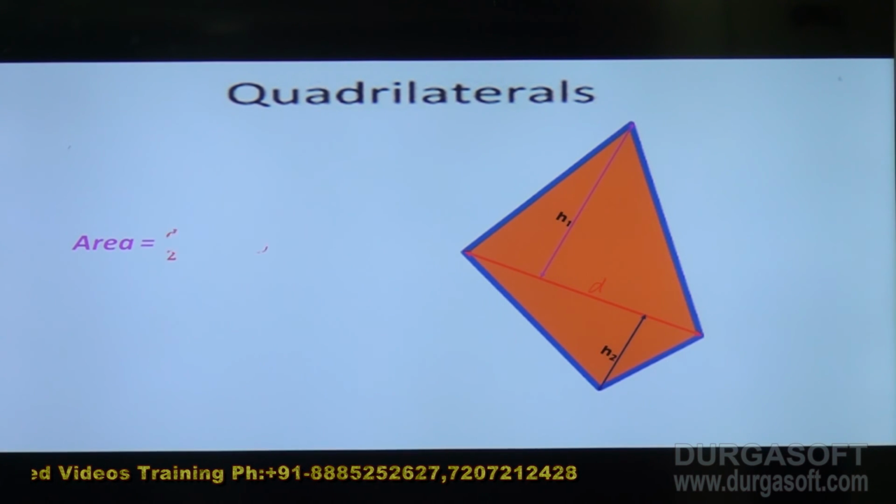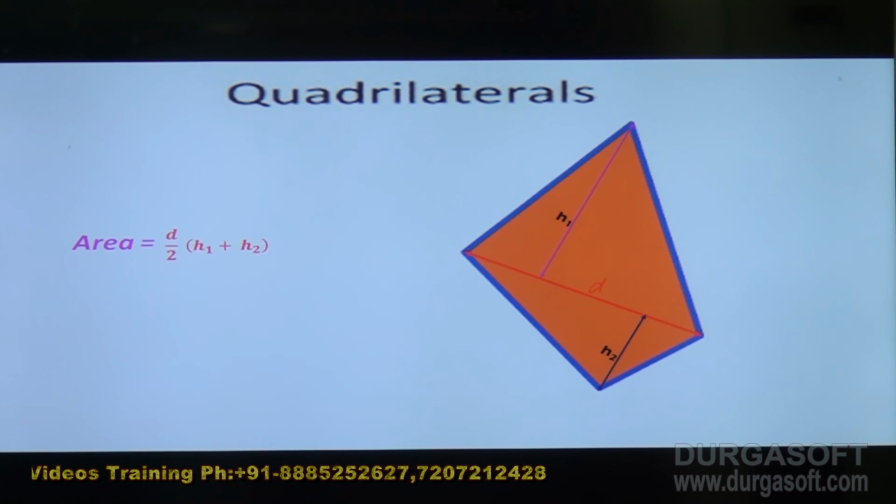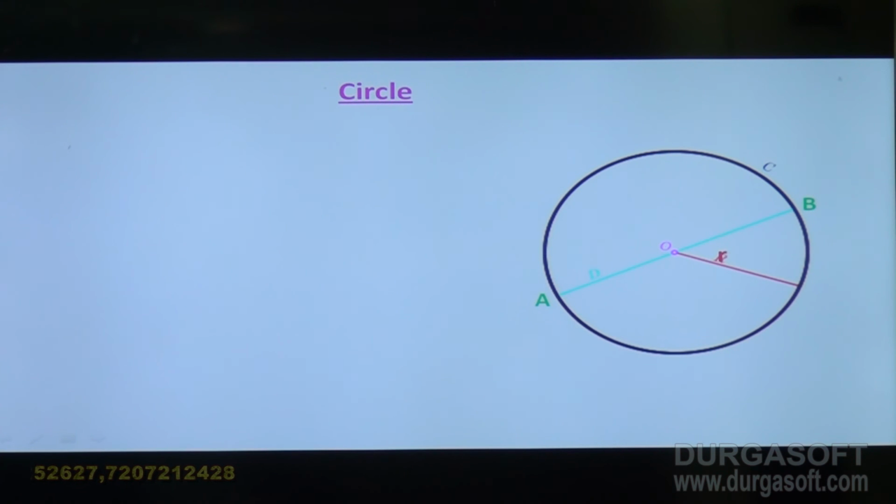The area of a quadrilateral is d by 2, that is diagonal by 2 into h1 plus h2, height 1 plus height 2, right? And let's go for the next figure.